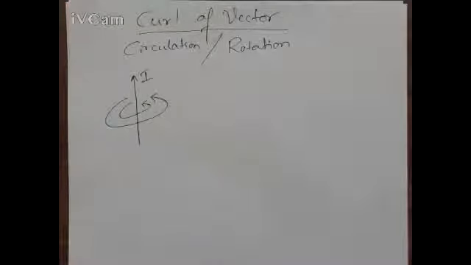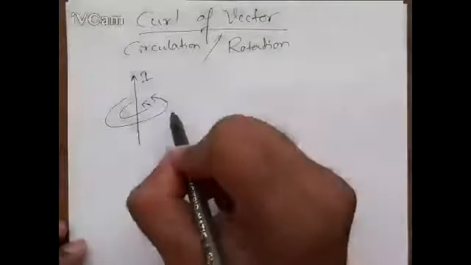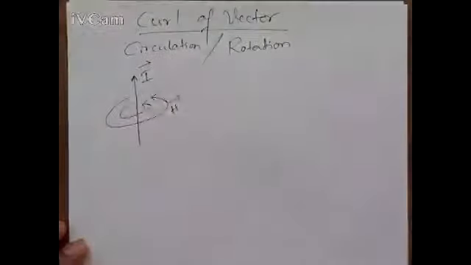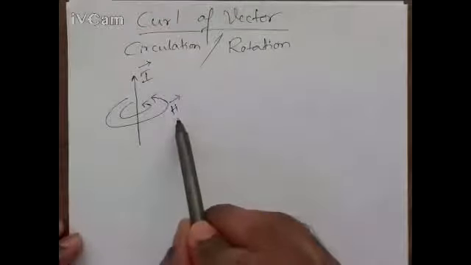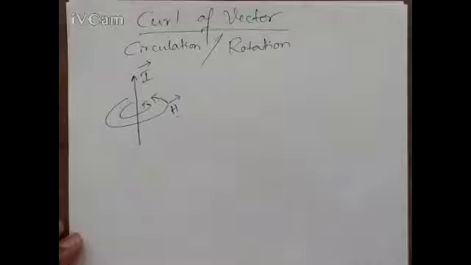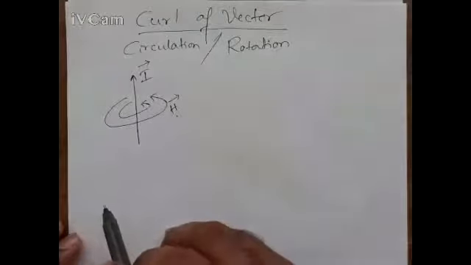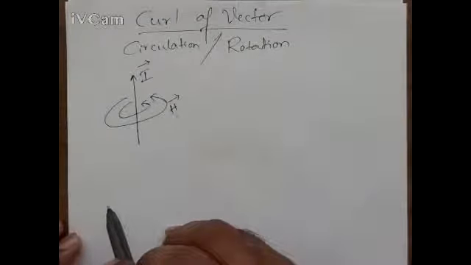In other words, if H is the magnetic field and I is the flow of current, if the magnetic field is curled, then current in the wire is produced. It is the rotation or circulation, how much circulation is taking place.